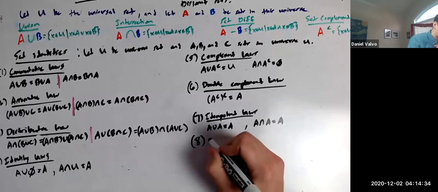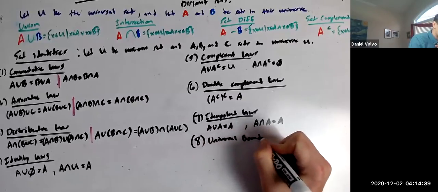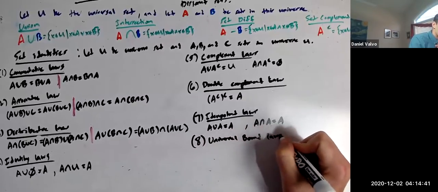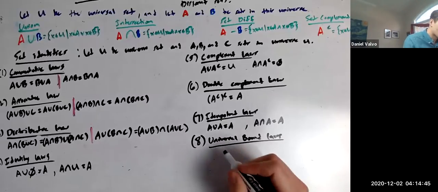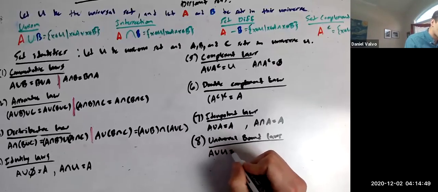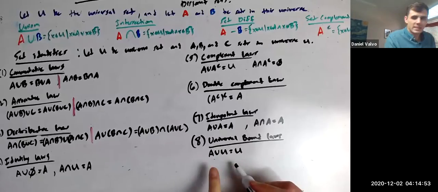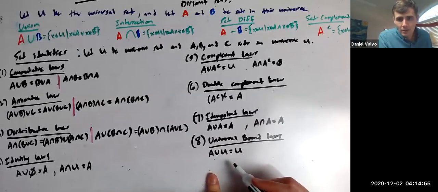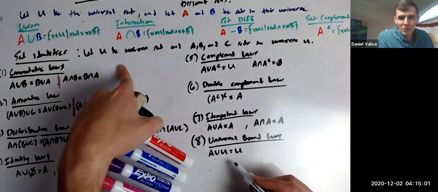But anyway, we have that, and then we have the universal bound laws. These are interesting. We had very equivalent things in logical identities. So this is just saying that A union the universal set is just the universal set. Basically just saying that you can't get bigger than the universal set, because the universal set's kind of what you consider the universe to be.